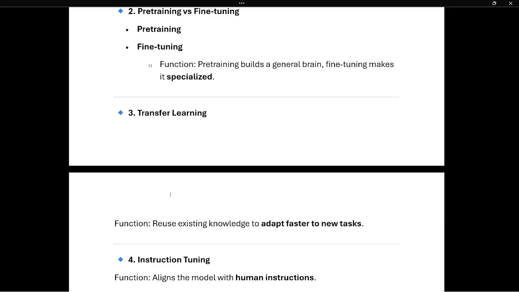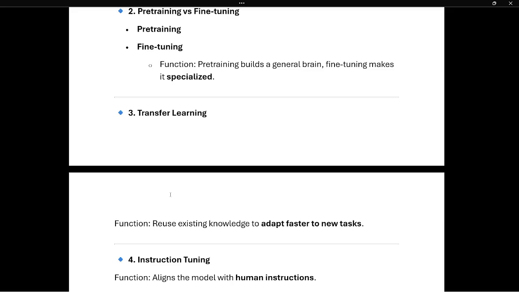For example, take a pre-trained GPT and fine-tune it on legal documents; now it's a legal AI. That is the advantage of transfer learning: we don't need to learn from scratch. It reuses existing knowledge to adapt faster to new tasks. We do that in agentic AI also.